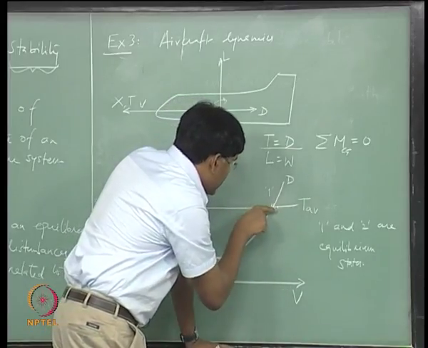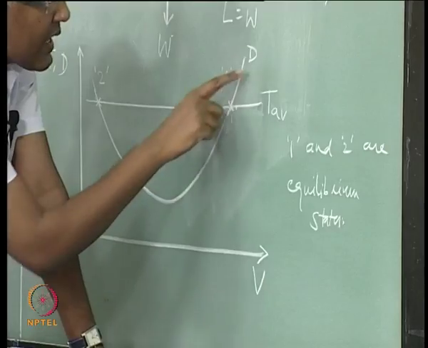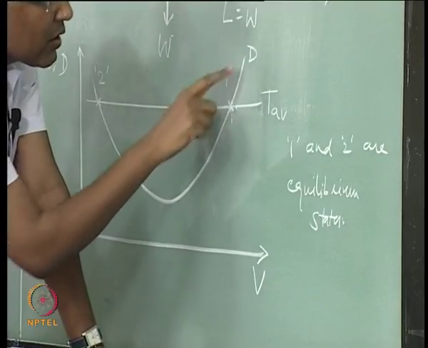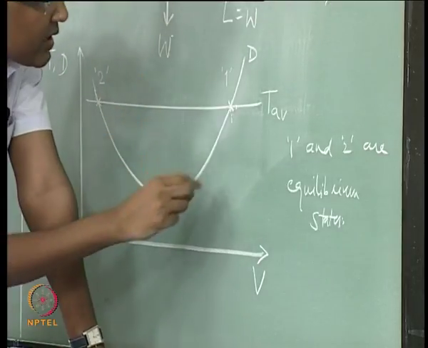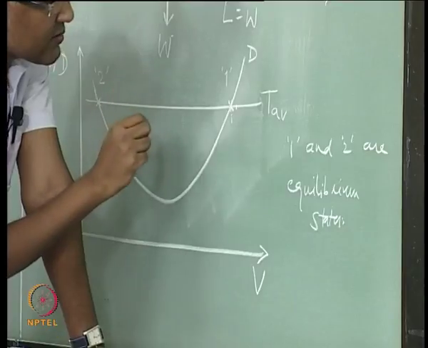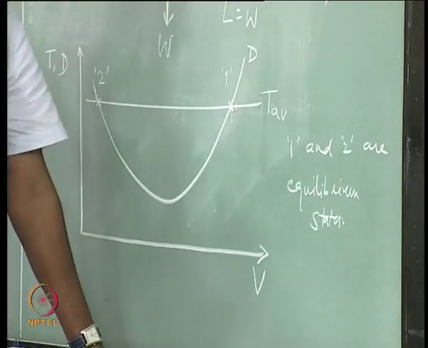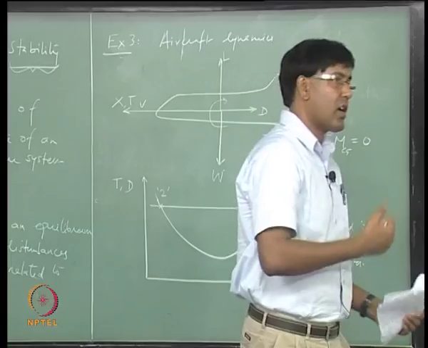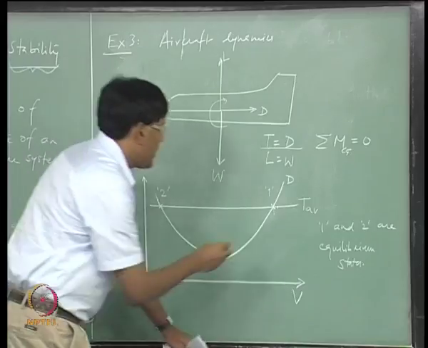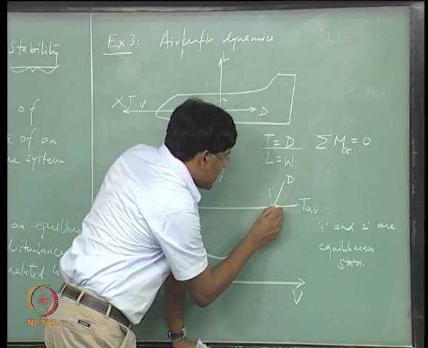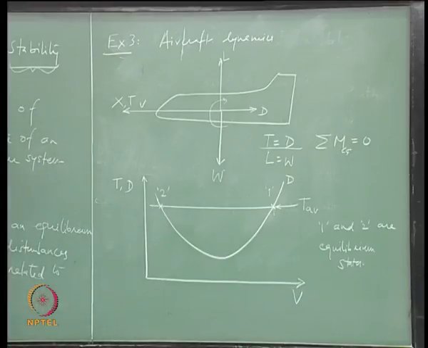Now, when this happens, drag is going to go up because of this increase in speed, it is going to go up according to this curve, and it becomes more than the thrust which is available. Right. So, automatically there is a deceleration of aircraft which is trying to bring it back.